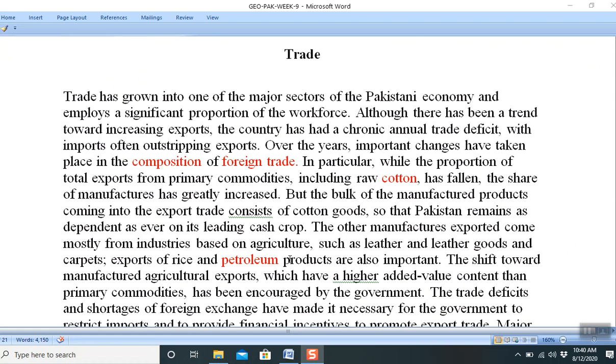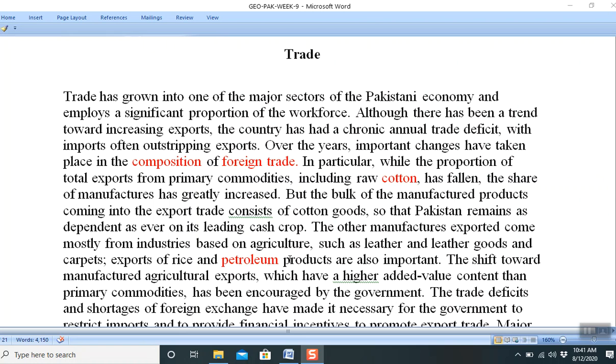Dear students, trade means, in common words, the exchange of goods; selling and purchasing of goods and materials is called trade. In a broader spectrum, to produce things and sell them in the local markets is called internal trade, trade within the country.